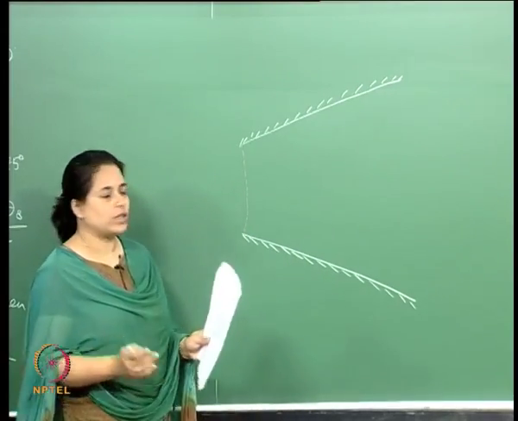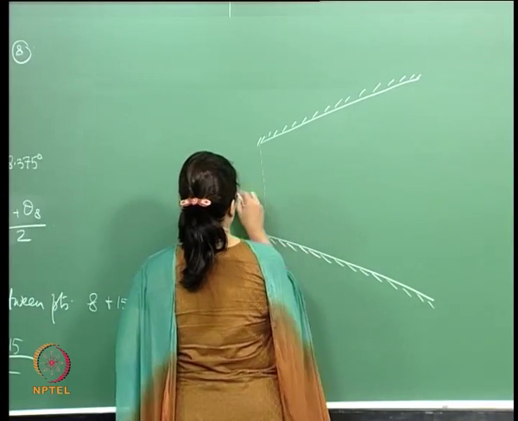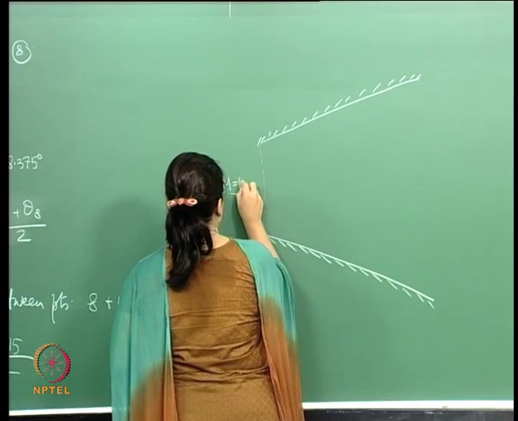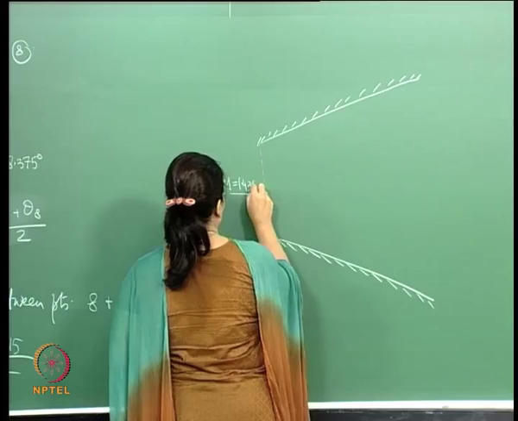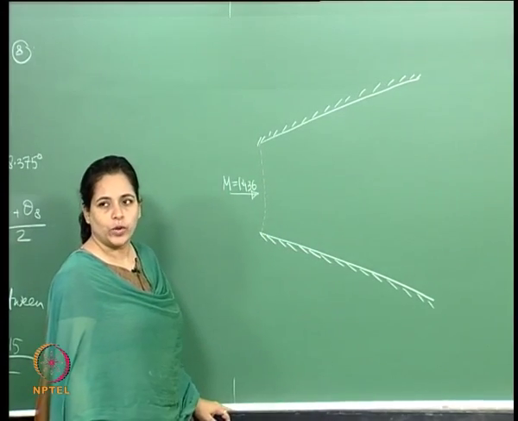It is diverging by 12 degrees. Okay, and the input Mach number coming in is 1.436. Okay, so how do we go about this?